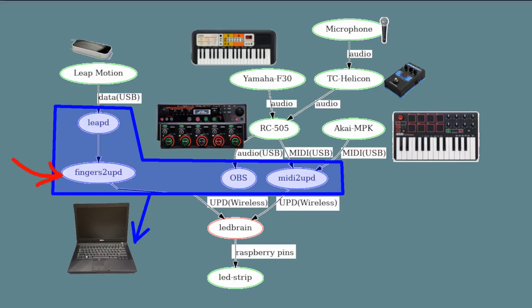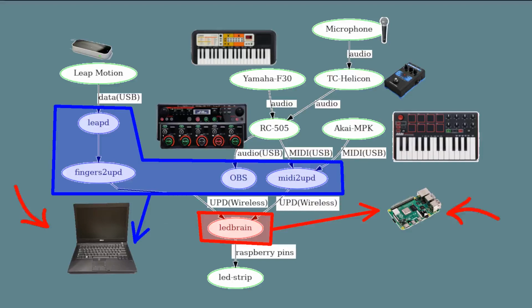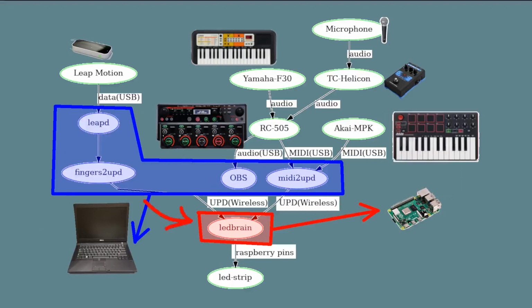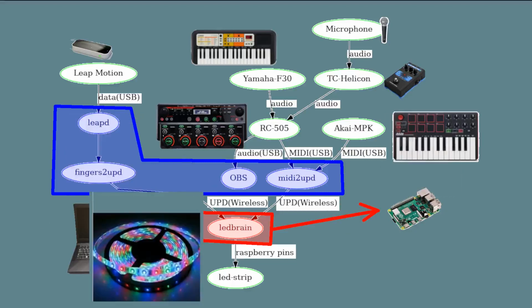That's a second piece of software that we will talk about, a script developed here. Fingers to UDP connects, as its name indicates, through UDP to the LED brain, the Raspberry Pi, same as MIDI to UDP. The computer and the Raspberry Pi are connected on the same wireless network, so we send the messages through UDP, and then the LED brain will turn the lights on and off.